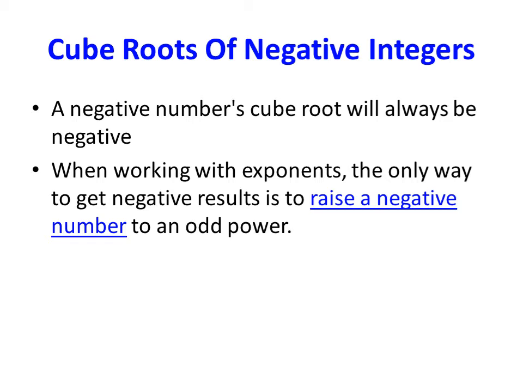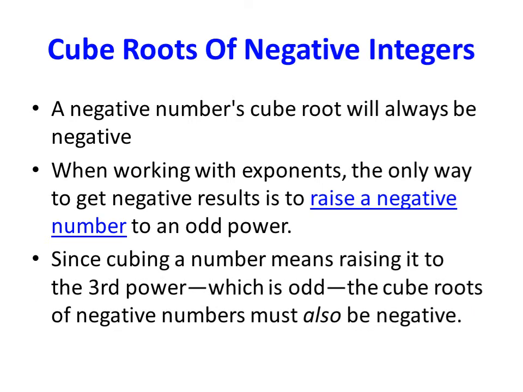And if our negative base is raised to an even power, we will always get a positive result. So since cubing a number means raising it to the third power, which is odd, the cube roots of negative numbers must also be negative.